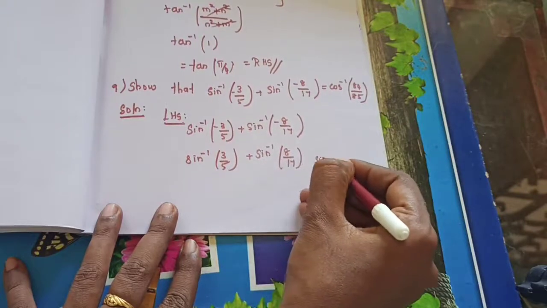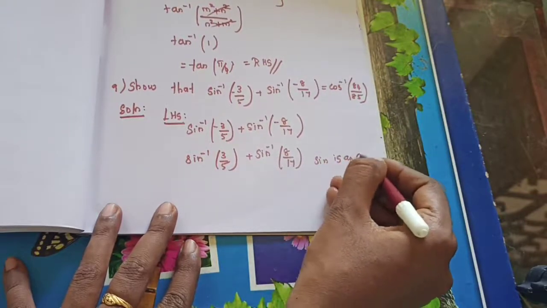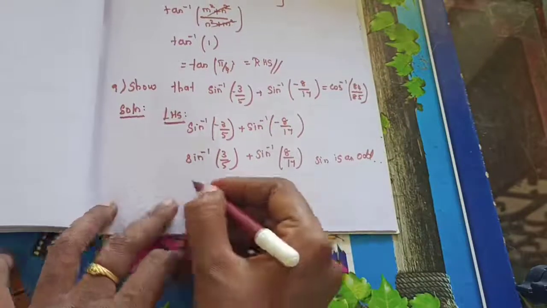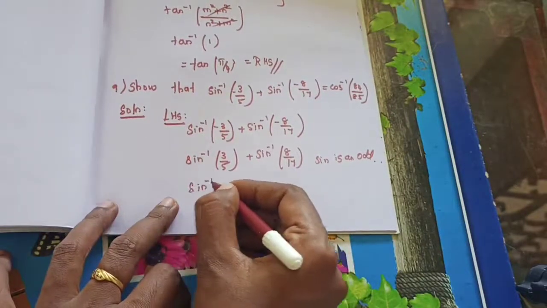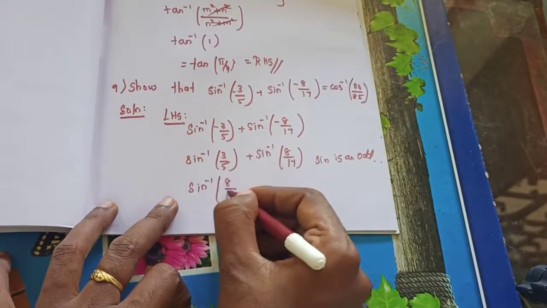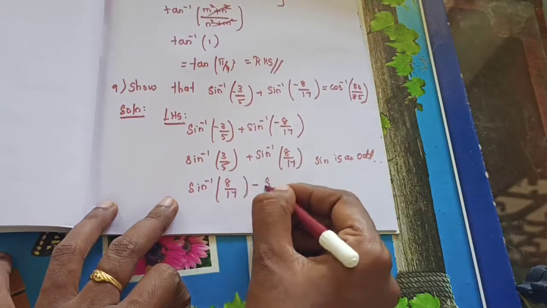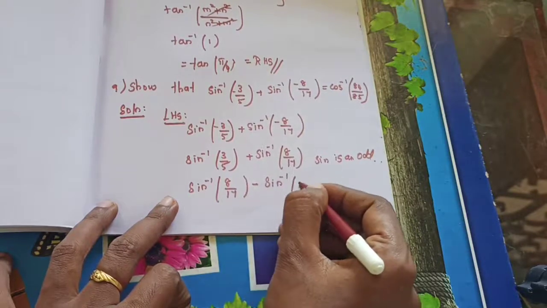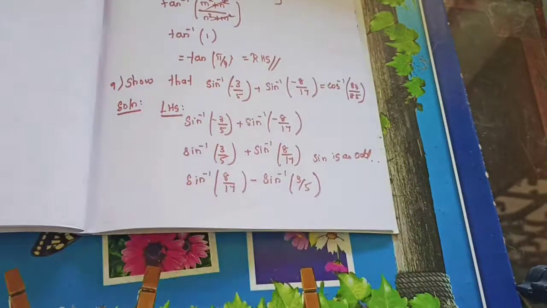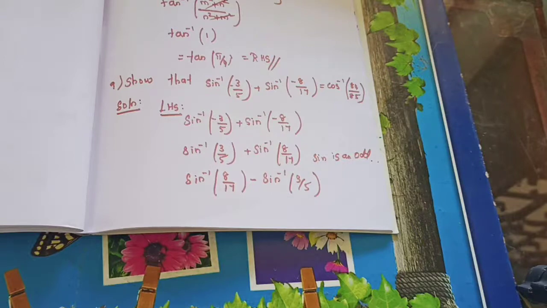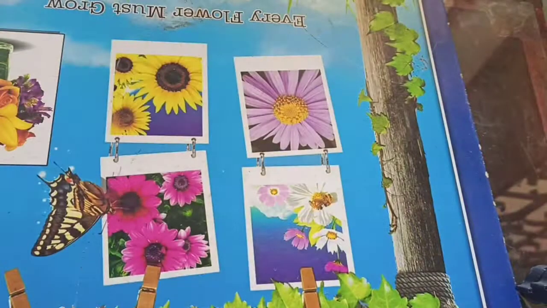The reason is sine is an odd function. Then sine inverse of, you change this to this side. So 8 by 17 minus sine inverse of 3 by 5. So it's an odd function, so only I have changed the symbol. Keep that in mind.